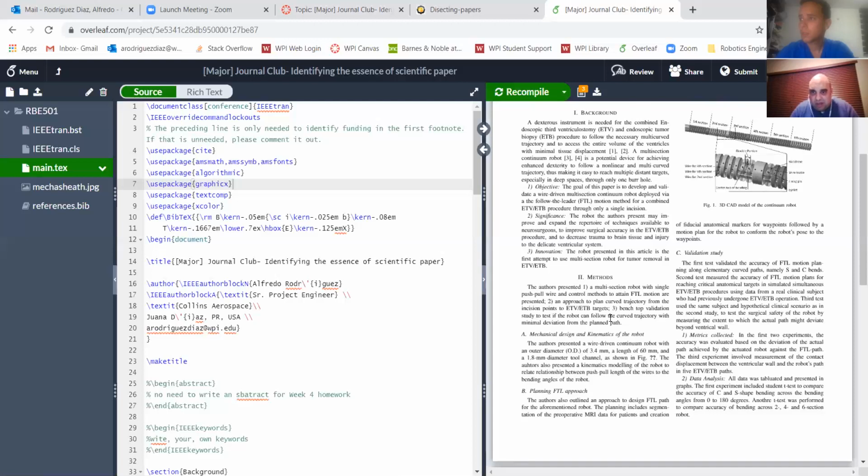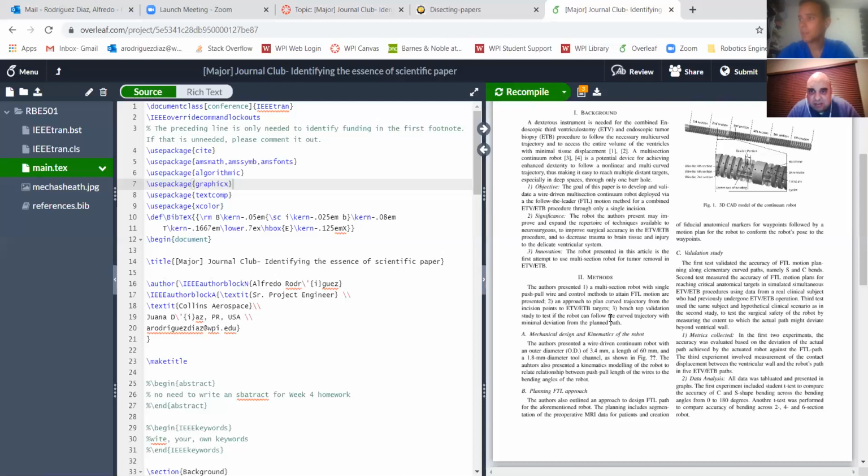And then the objective: the goal of this paper is to develop and validate a wire-driven multisection robot. Significance: the robot the authors present may improve and expand the repertoire of techniques available to, okay, innovation: the robot presented in this article is the first, so it's already there. I missed those three. Yeah, a good catch.